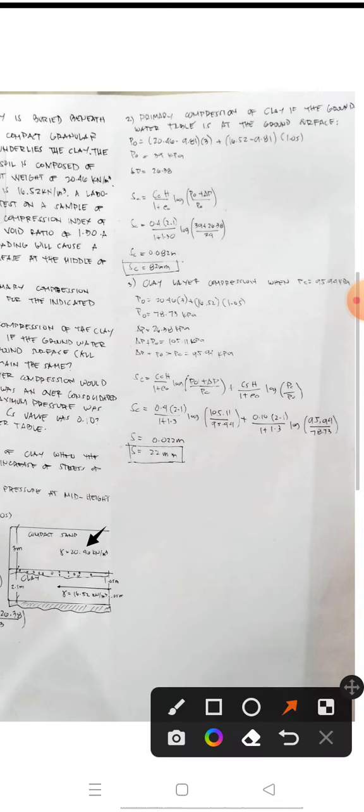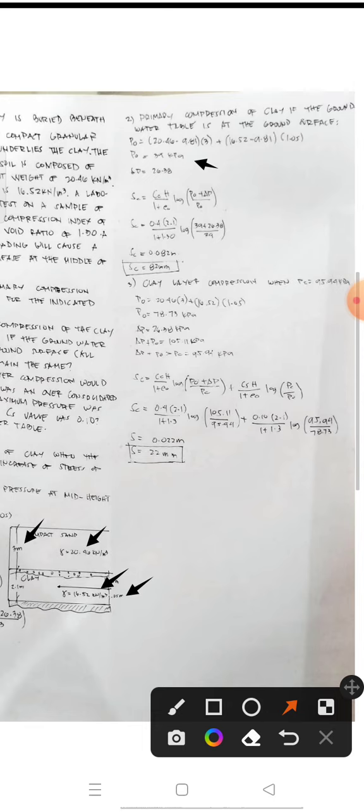Dito sa compact sand is 20.46 times, minus natin yung unit weight ng water na 9.81, times natin sa height, which is 3 meters, plus 16.52 minus natin sa 9.81 na unit weight ng water, times natin sa mid height pa rin ng clay na 1.05, at makukuha natin yung 39 kilopascal.